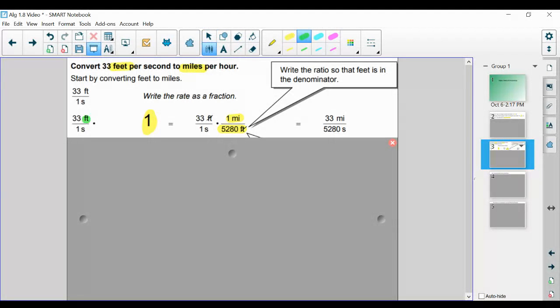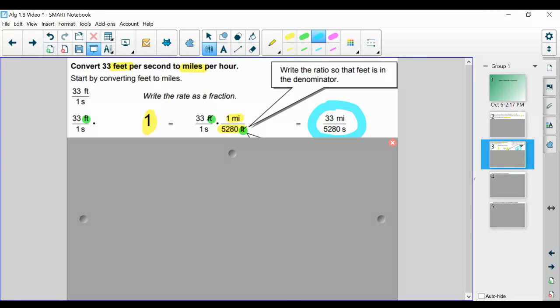If you notice, we start with feet in the numerator and we want it to cancel out. So we want to have that feet in the denominator. Notice how it got canceled out. So now we're left with 33 times 1 mile, which is 33 miles, and 1 second times 5,280, which gives us 5,280 seconds. So we have this new ratio written, 33 miles for 5,280 seconds.